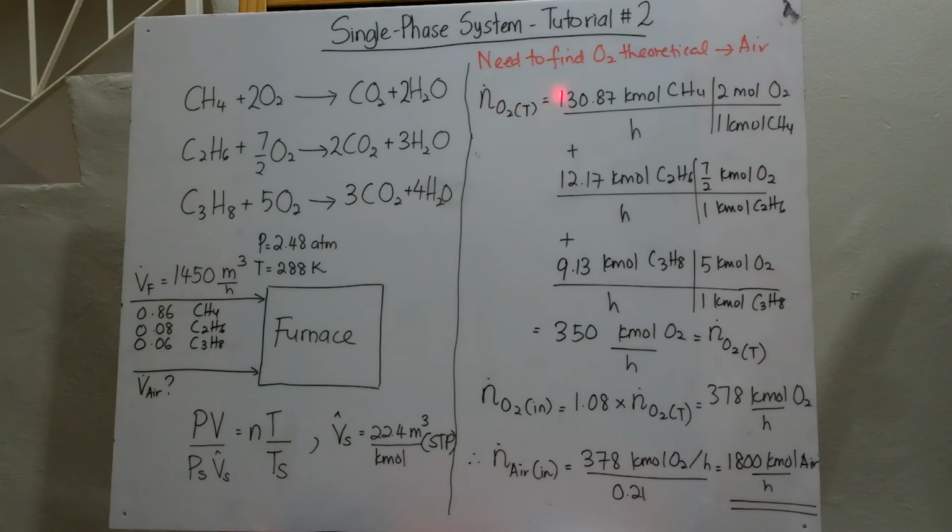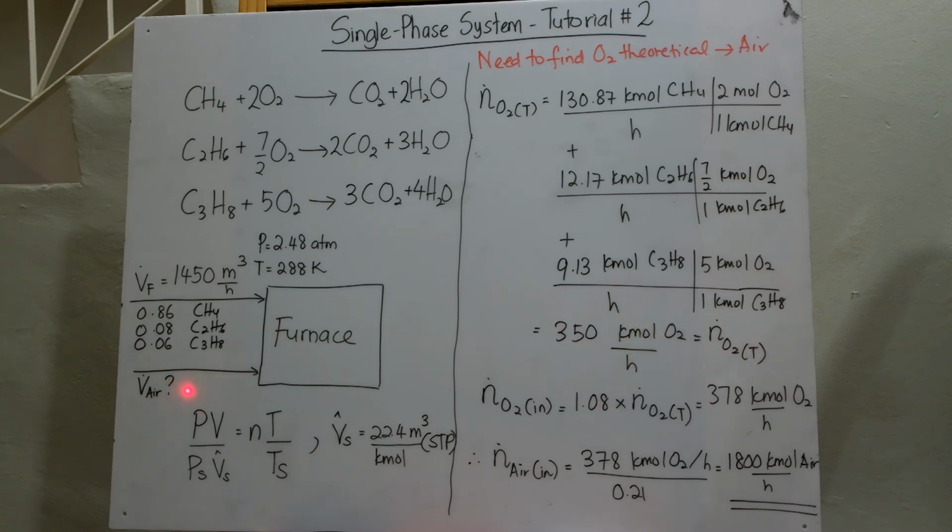Because we have 3 compounds, we have to add the requirement of oxygen for methane, the requirement of oxygen for ethane, and the requirement of oxygen for propane. So in total, we have 350 kmol per hour of O2. This is our theoretical. So if we have this number of moles of methane, ethane, and propane, we require 350 kmol of O2 per hour in theory.